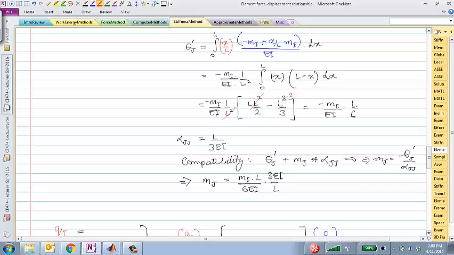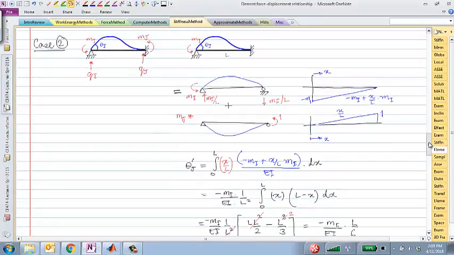So again, EI's cancel off and L's cancel off, and what we get is that the right end moment would just be equal to half this moment at the left end. But that still doesn't tell me anything about the rotation at the left end. All that we have done till now is we've solved the indeterminate problem here. So what I've just found is that mj would be equal to mi over 2.